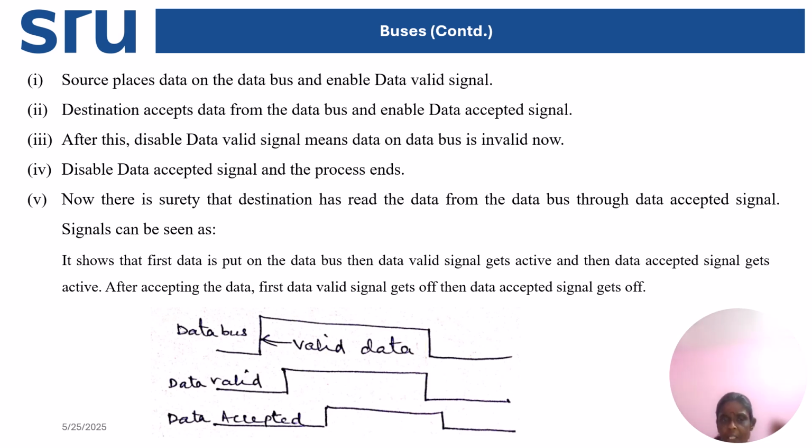The same diagram is repeated here for reference. And then after this, disable the data valid signal. Once the work is done, it cannot be left as it is.